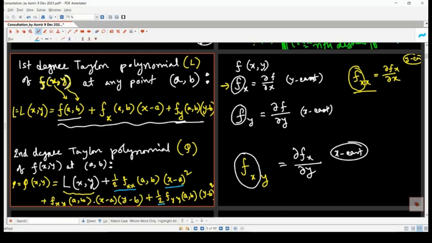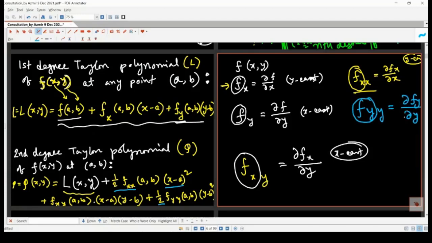Similarly, there is another term, 1 over 2 f sub yy times y minus b whole squared. So what is f sub yy? It means you have to differentiate f sub y with respect to y. Partial derivative will be done here, so the other variable is constant. You are differentiating in terms of y, so x will be constant.